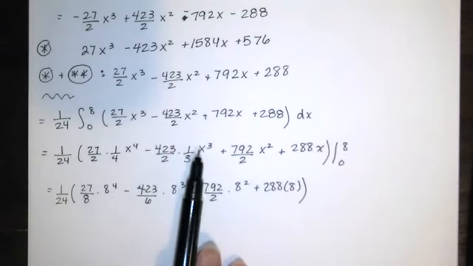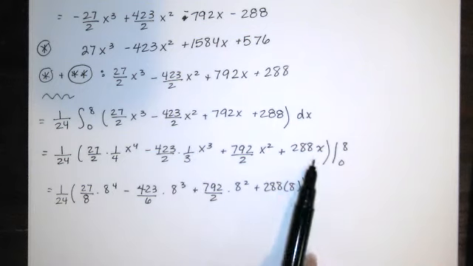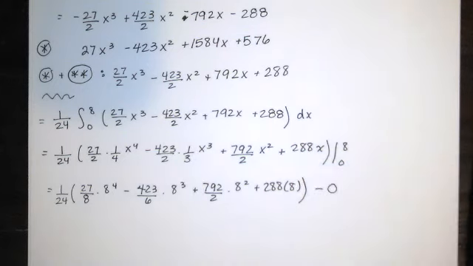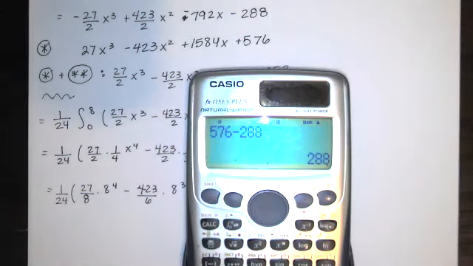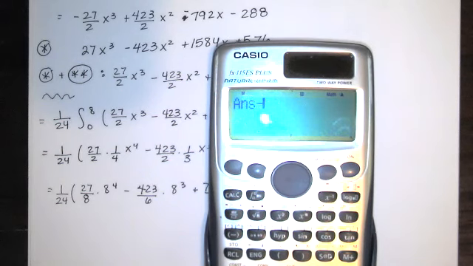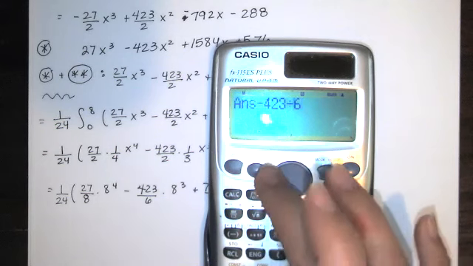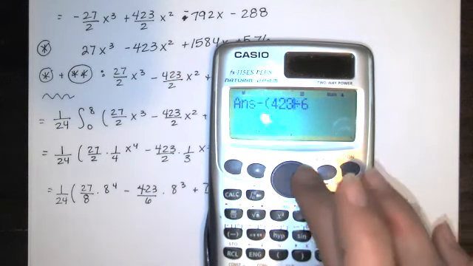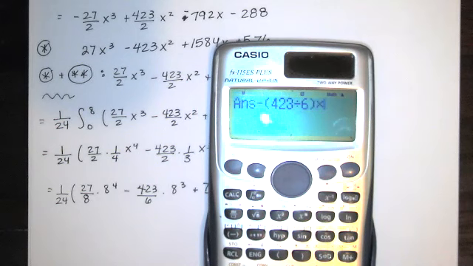So we're going to get 0 minus 0 plus 0 plus 0. So we're just going to get a bunch of zeros there. So that's our answer. It's just not simplified. Of course, we could simplify it, but let's just use the calculator for the arithmetic. So we'll do 27 divided by 8 times 8 to the 4th. Now I know we could have simplified those 8s, that's fine. Minus 423 divided by 6 times 8 cubed.